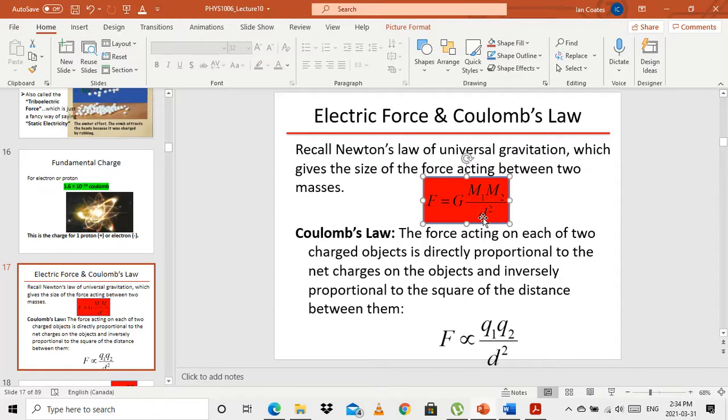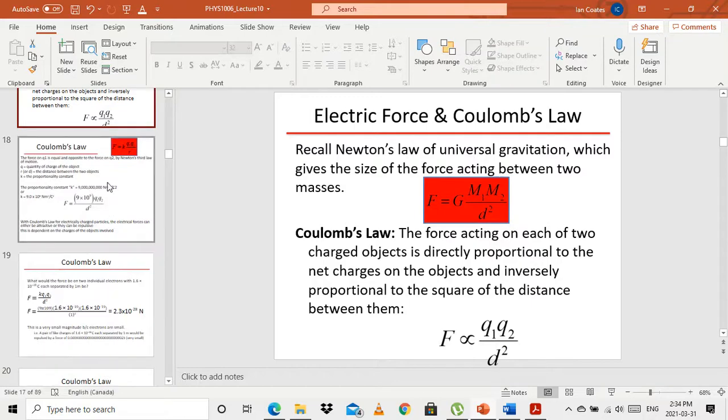Remember how the force, if you double the distance, the force, inversely squared, goes to a quarter? And we'll go into a nice little recap of these. But this is your force in newtons. And up here, you remember mass 1 and mass 2. Well, instead of mass 1, mass 2, we're going to use charge 1, charge 2. And there's your distance squared.